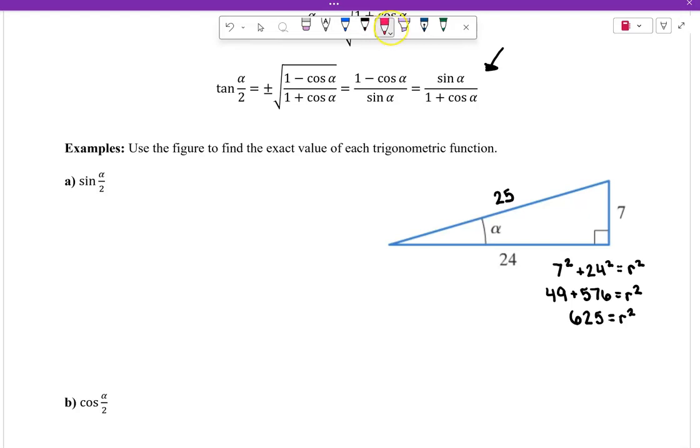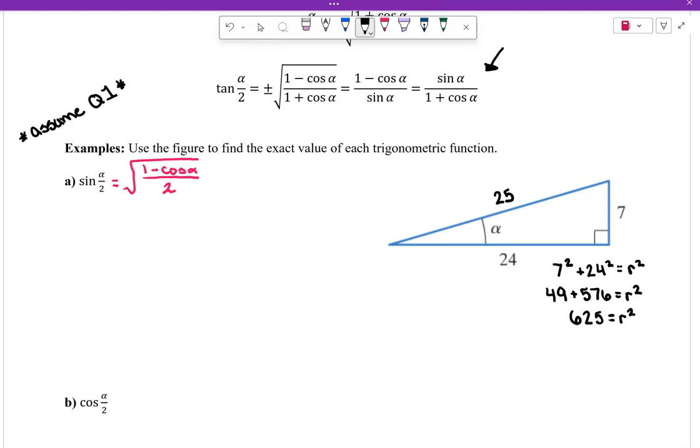Okay. So I am going to go ahead and write the formula right here next to this one. So that is the square root of 1 minus cosine of alpha over 2. For this problem, we're just going to assume we're in quadrant 1.